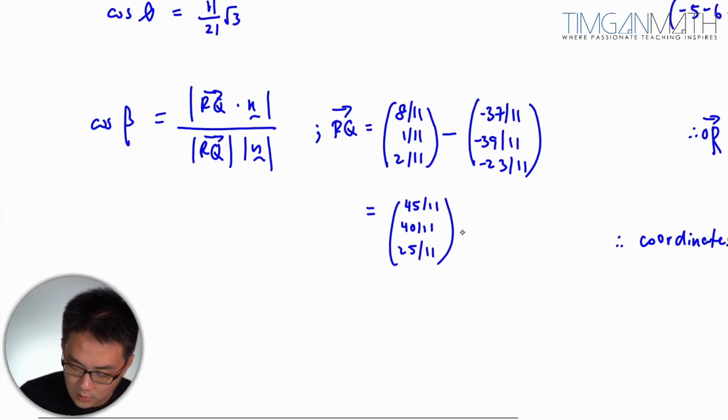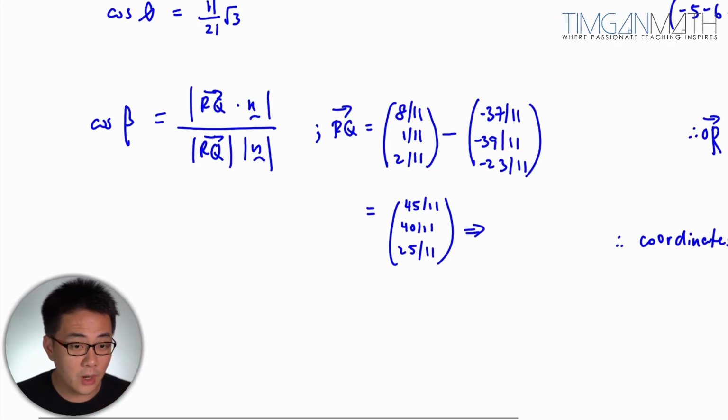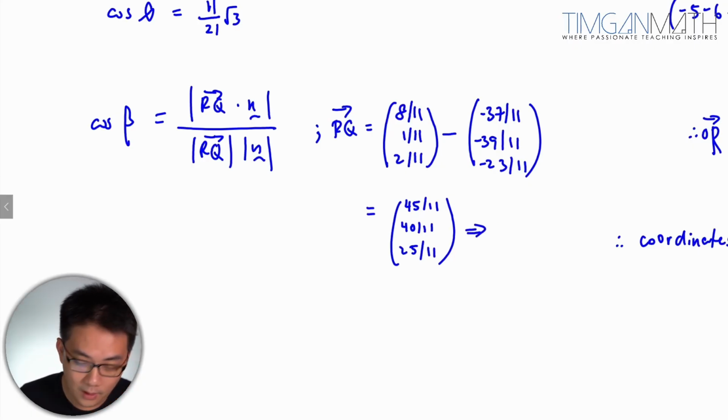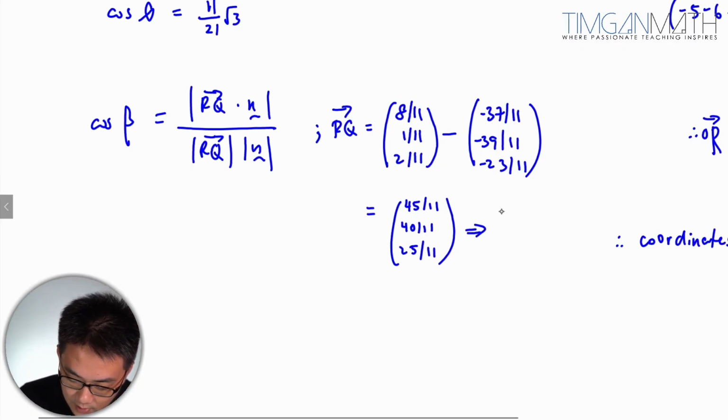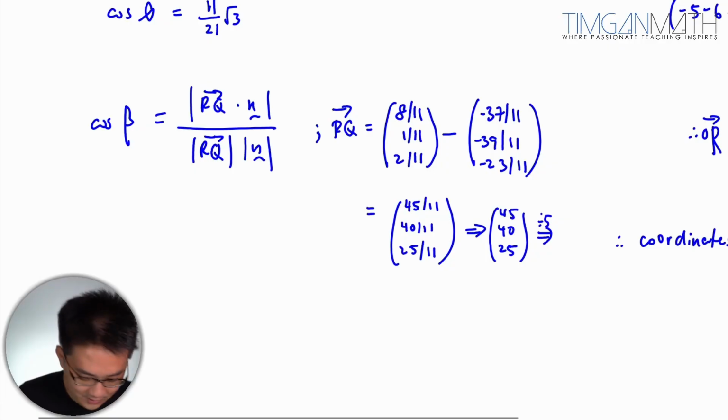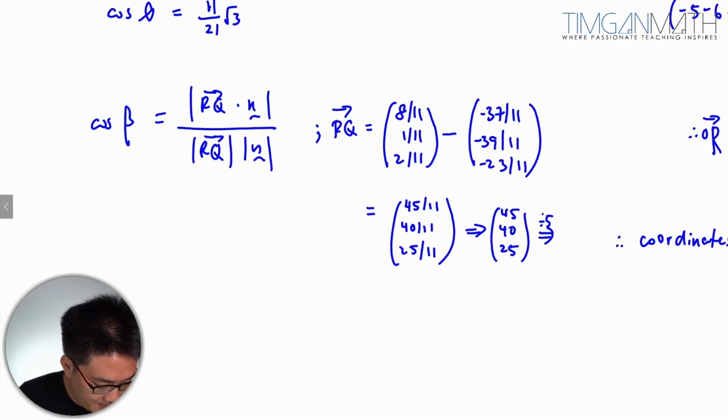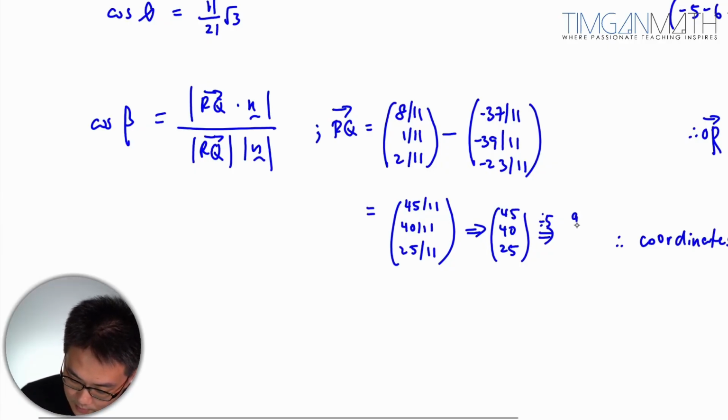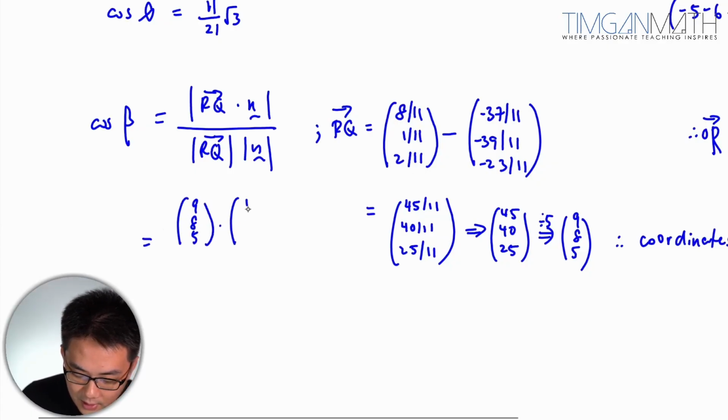Okay, so RQ is 45 over 40 over 25 over 11. Because you just need a direction vector, I could simplify it by dividing by 5. 45 divided by 5 is 9, 40 divided by 5 is 8, and this will be 5. So I could just use 9, 8, 5.